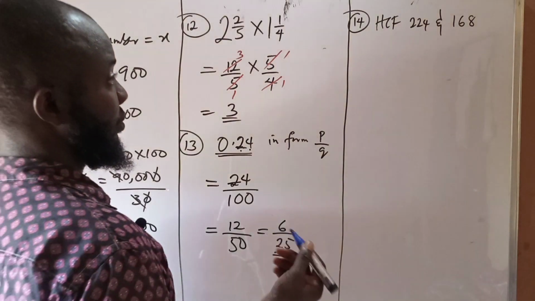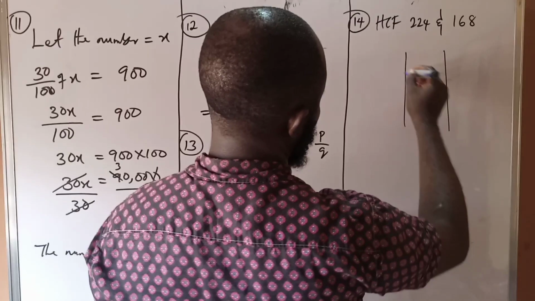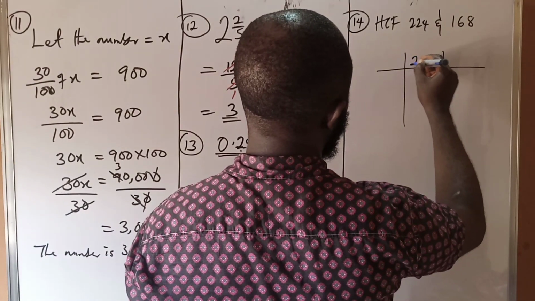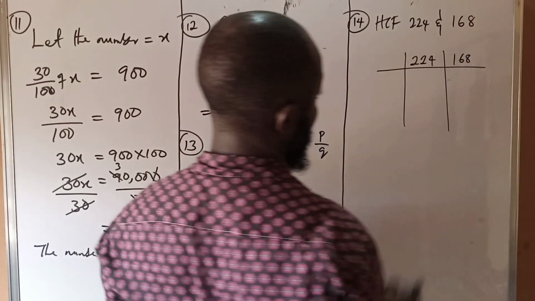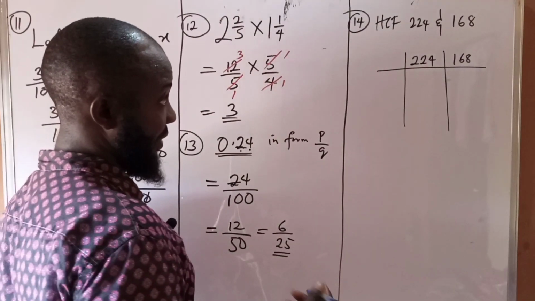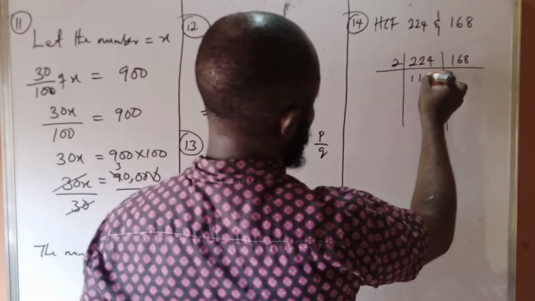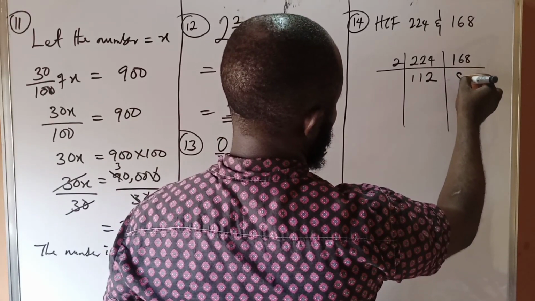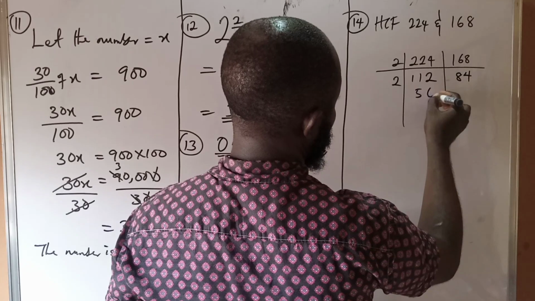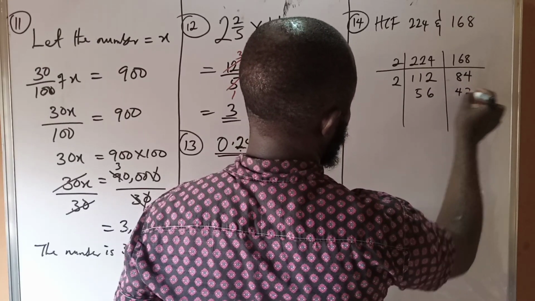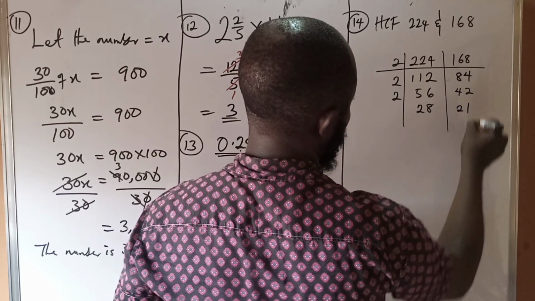Or we use our old method of doing it this way: 224 and 168. We look for a number that can divide them. 2 can divide both of them. That is 112 and 84. 2 can still divide. That is 56, 42. 2 can still divide. 28, 21.